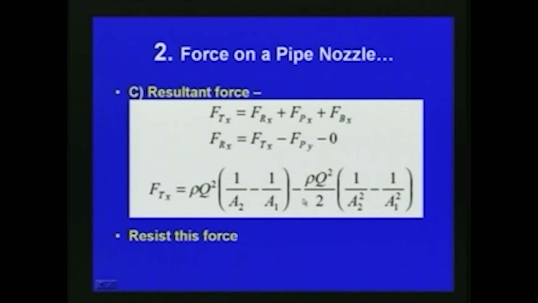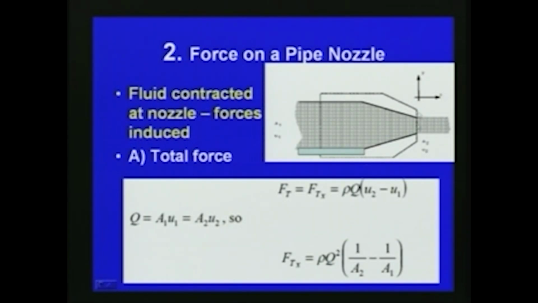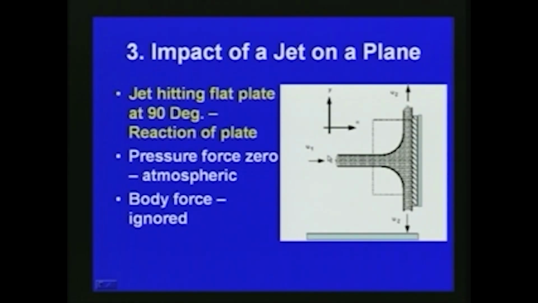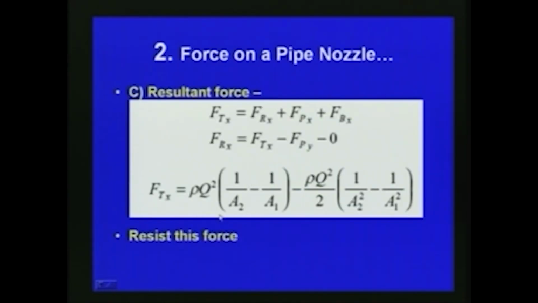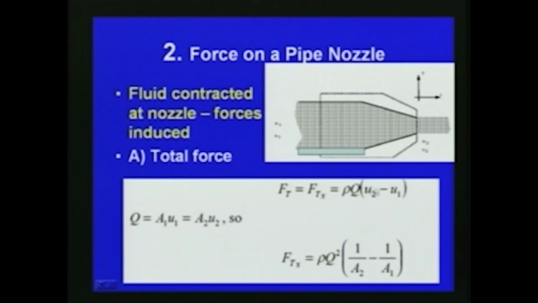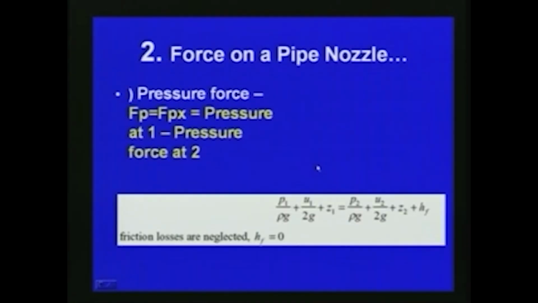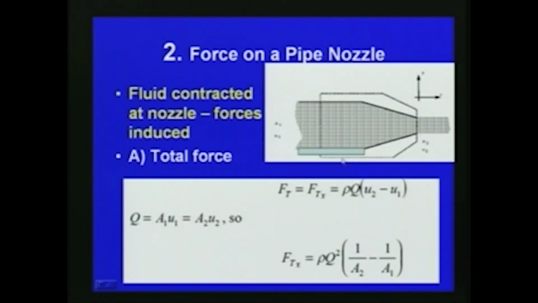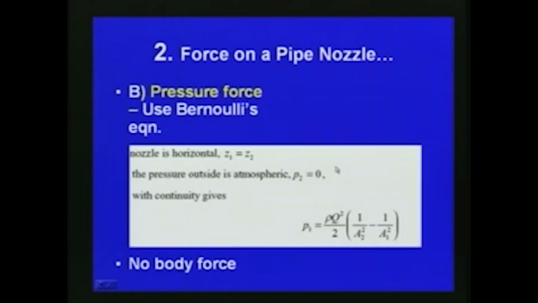Here A2 is the cross section at the nozzle location, and A1 is the cross section at section 1. So, this gives the resultant force. This resultant force is the force acting with respect to the effect of this nozzle. The force on the pipe is given by this resultant force.